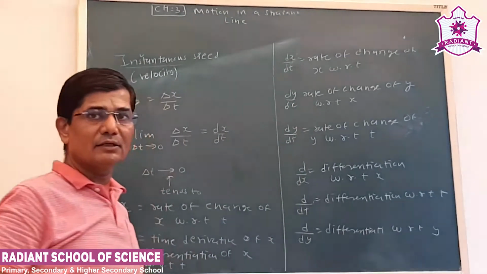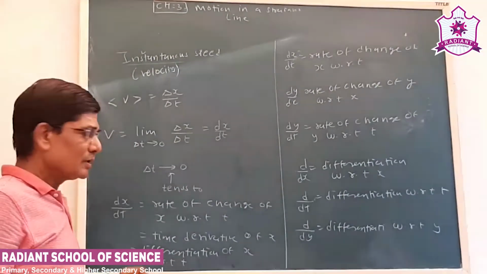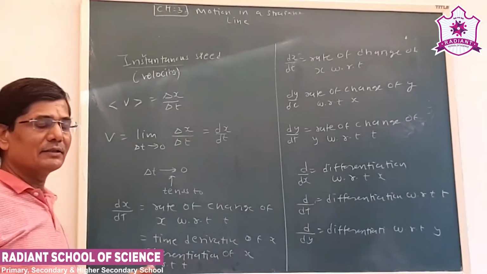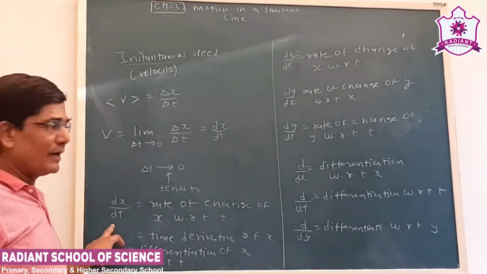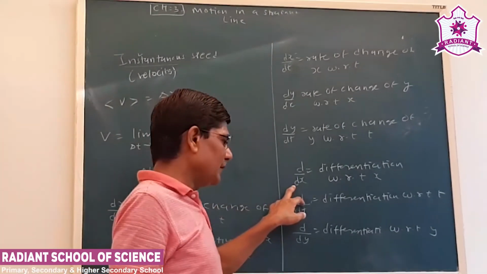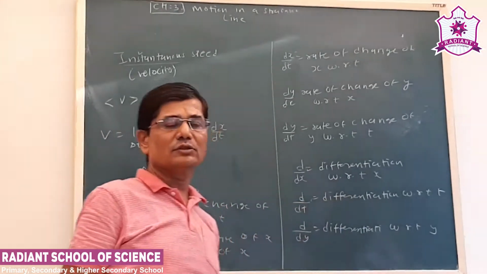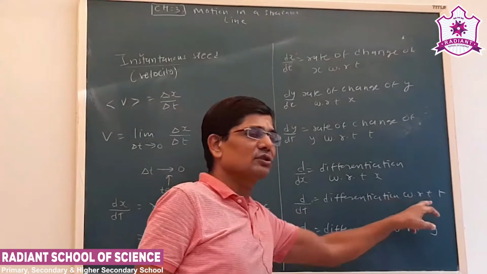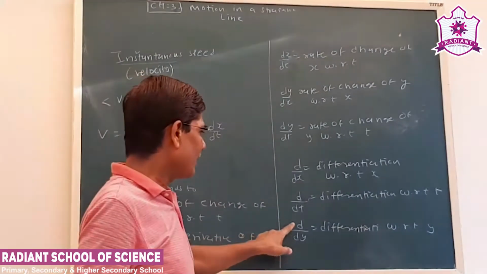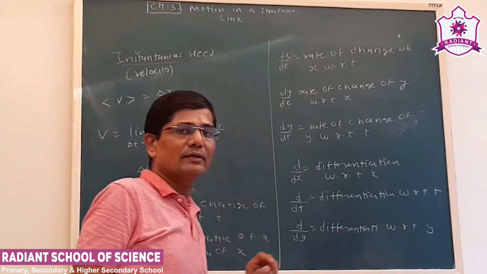See, whatever is the term in the denominator. See here, dx by dt is differentiation of x with respect to time. d by dx shows differentiation with respect to x, d by dt with respect to t, d by dy with respect to y.